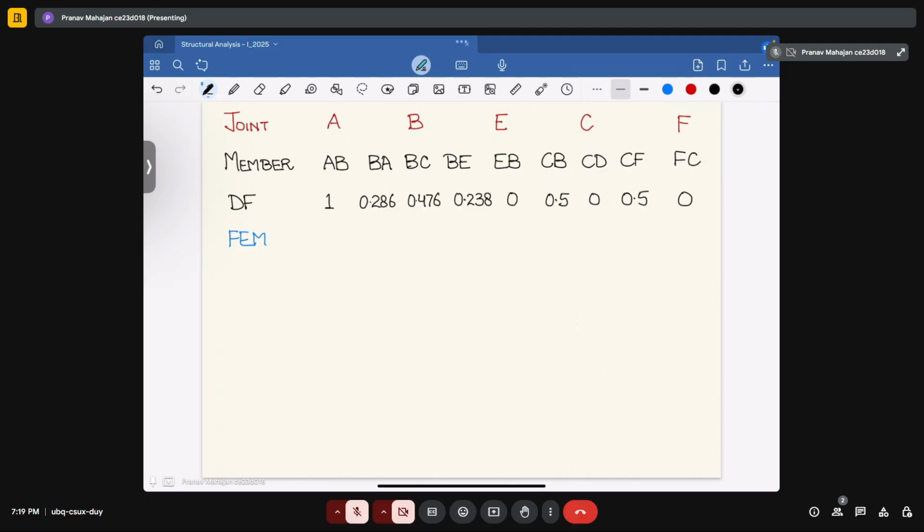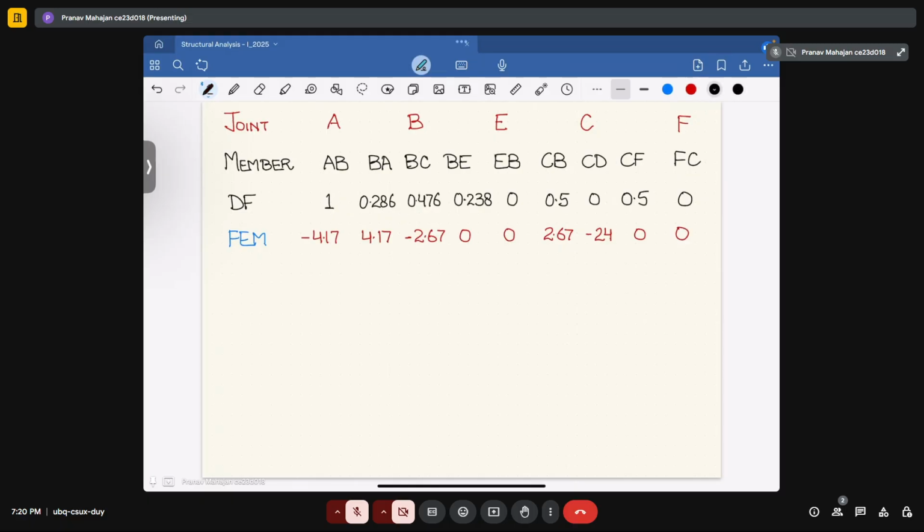Okay. Now their fixed end moments will become minus 4.17, 4.17, minus 2.67. Here we have 0, 0, 2.67, minus 24 due to that cantilever load, and again 0, 0.